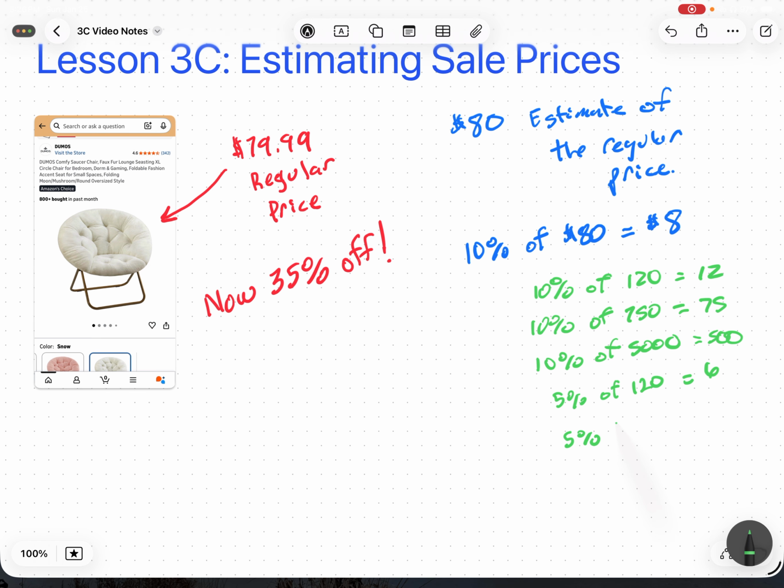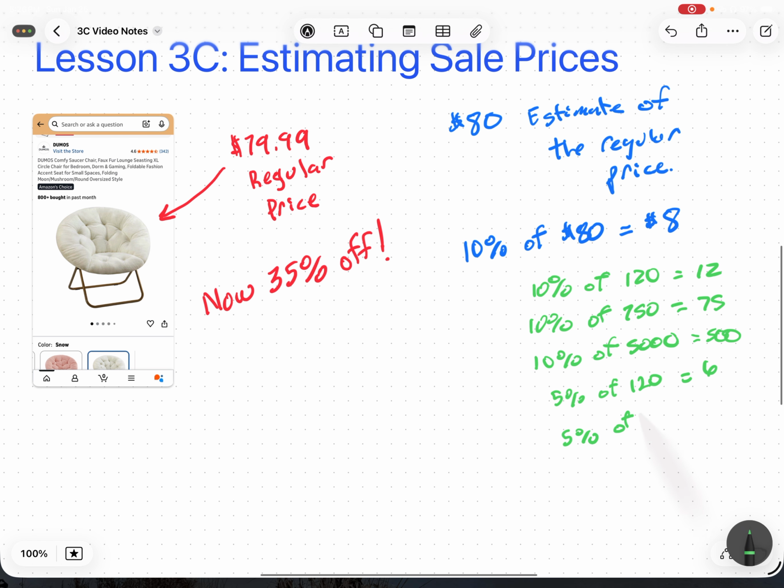Let's do 5% of that 750. I'd have to do half of 75. That number is not as easy to do in your head, but basically I do half of 80, which is 40, and then I subtract off half of 5, which is 2.5. So this is like 37.5. That one may not be easy to do mentally, but the last one, 5% of 5,000, is half of 500, so that's going to be 250.